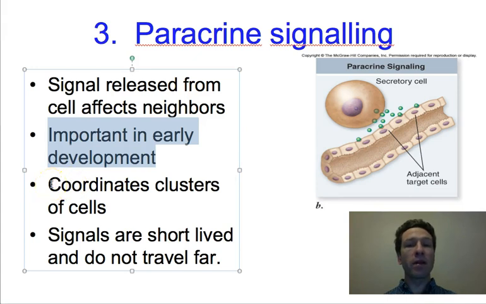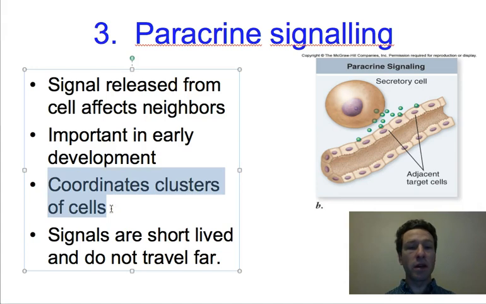So paracrine signaling is going to allow clusters of cells that are near each other to coordinate their development. That's not the only time it's used. You'll see some other examples as well. A key to paracrine signaling is that signals are always going to nearby cells.